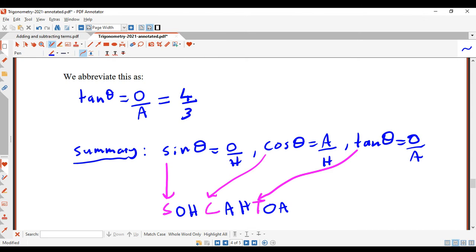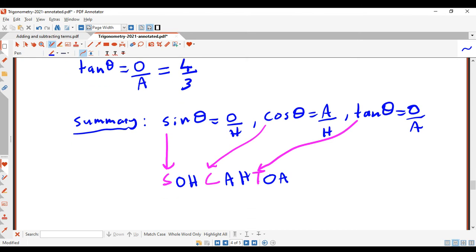We say that as SOHCAHTOA. That's the way of remembering the formula. Sine is opposite divided by hypotenuse, cosine is adjacent divided by hypotenuse, and tan is opposite divided by adjacent.